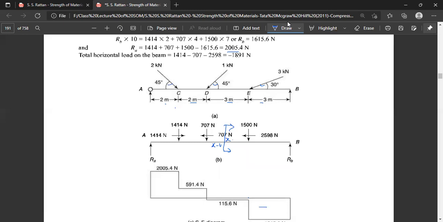This is X minus 2. And this force is X. So if you take the moment accordingly, this will create an anti-clockwise moment, which is positive. This will create a moment multiplied by X minus 2, and this will create a moment multiplied by X minus 4. So this moment will be like this.